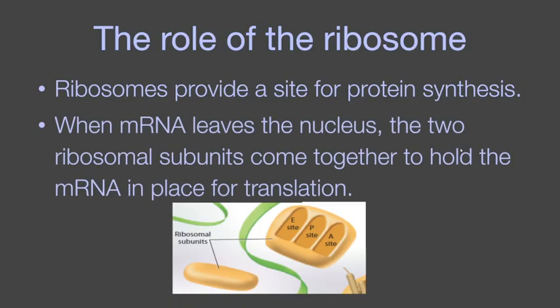It provides a site for protein synthesis, and when the mRNA leaves the nucleus, the two ribosomal subunits come together and hold onto the mRNA in place for translation. I put this slide a little earlier on, so go down on your notes page a little bit, the role of the ribosome, and then come back up to where you were before. I don't want you to miss your notes.